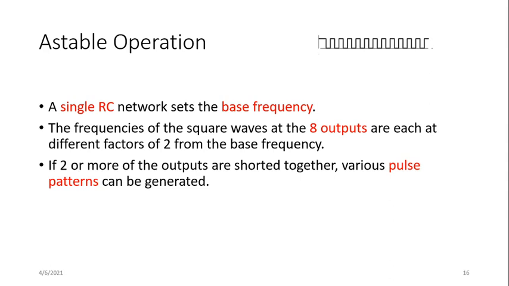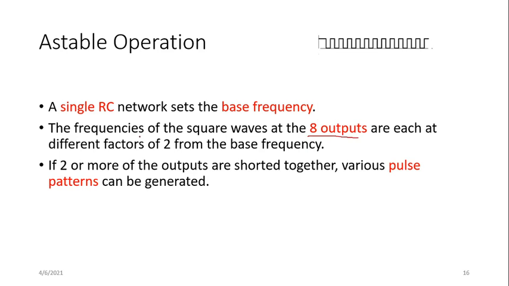Then the next mode of operation is astable. What is astable mode? It is generating the continuous square wave. Whenever you are talking about the square wave, you have to decide the frequency of the waveform, so for that you need the base frequency. Here a single RC network is used to set the base frequency. Then it is generating 8 outputs.